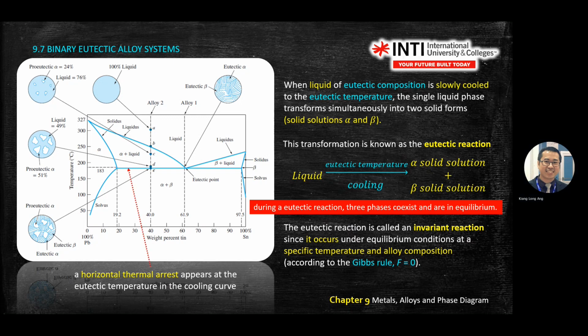Horizontal thermal arrest appears at the eutectic temperature in the cooling curve. So these three lengths here will tell you that here to here is alpha, and here to here is beta.